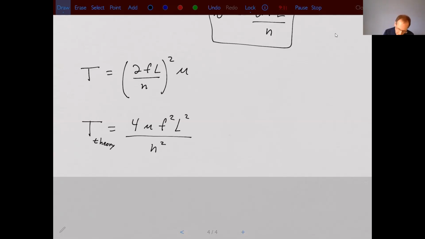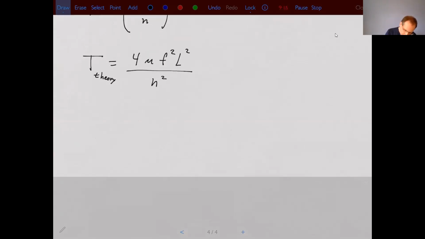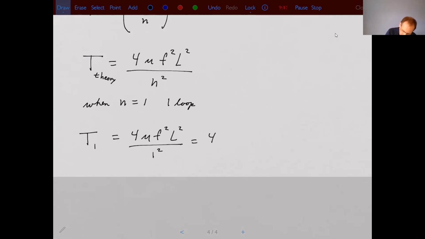By the way, another way we can write this: when we're observing 1 loop, so when N is equal to 1, I can write the tension, T1 for 1 loop, as 4 mu F squared L squared over 1 squared, which is simply 4 mu F squared L squared, so the 1 is gone.